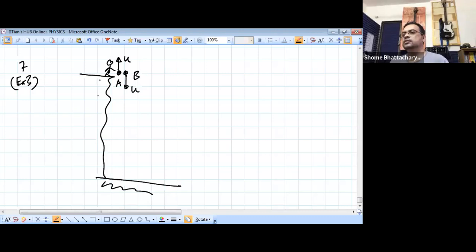They hit a floor which is at a height h below.